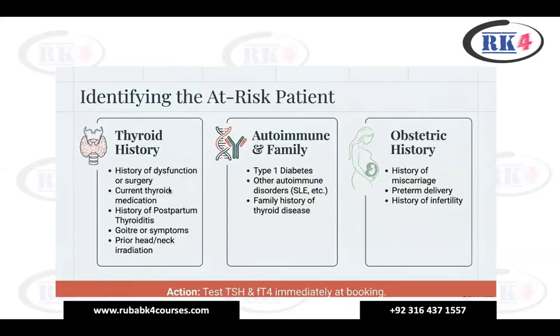So you may have a question in the exam related to at-risk patients. There may be a scenario where a patient comes, so-and-so primigravida or para 0+2, with a previous history of hypothyroidism or hyperthyroidism or type 1 diabetes. So what would you be recommending? There will always be some risk factors given in the exam.